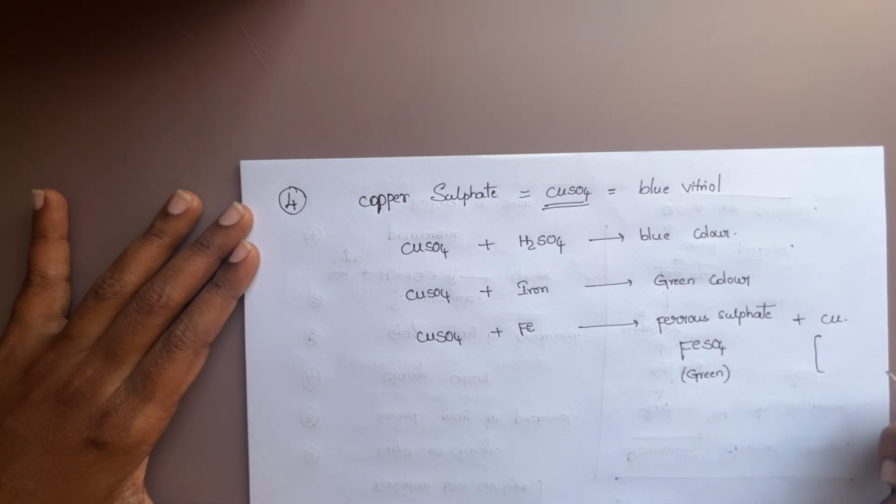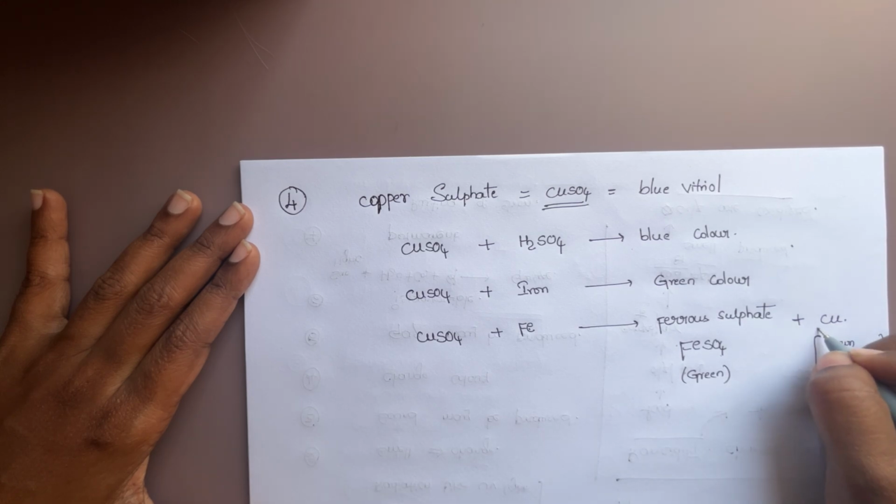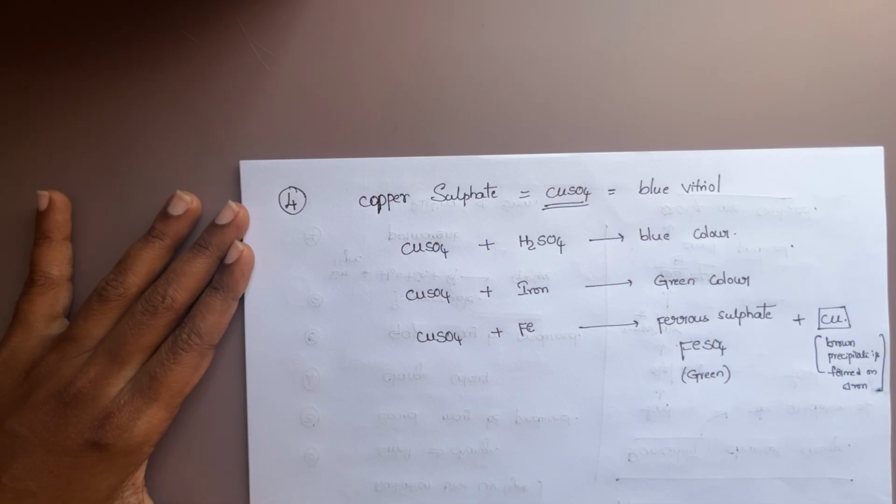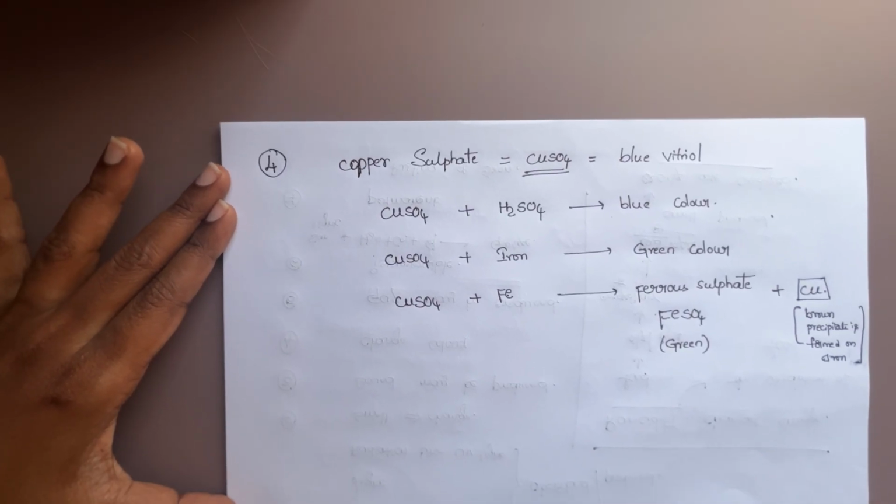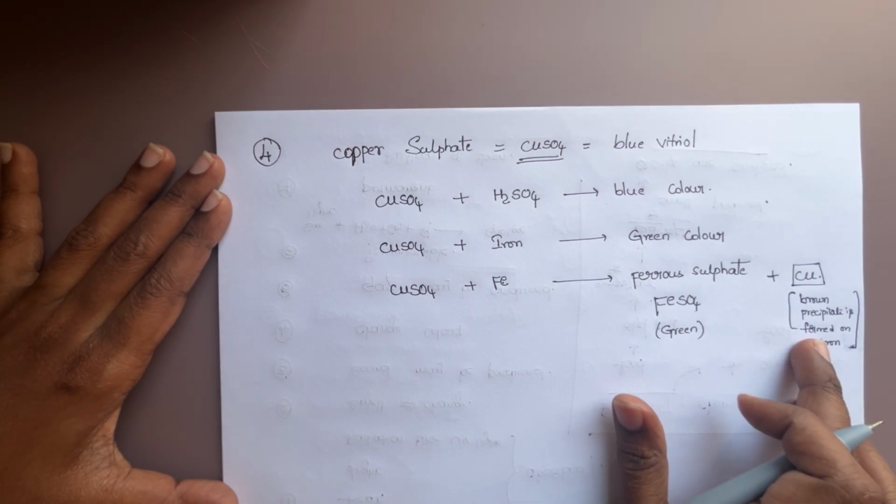In some examinations they ask other things also. A brown precipitate is formed on the iron. That brown precipitate formed on the iron is because of the Cu atoms. This is the fourth example of chemical change. Why is it a chemical change?